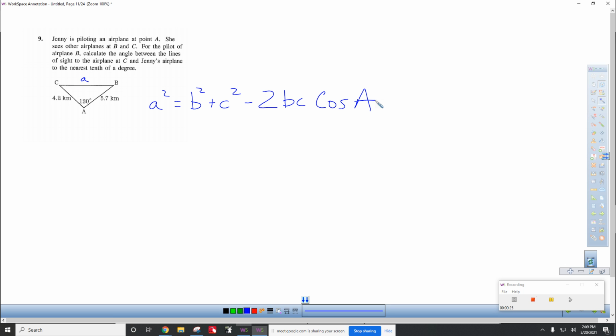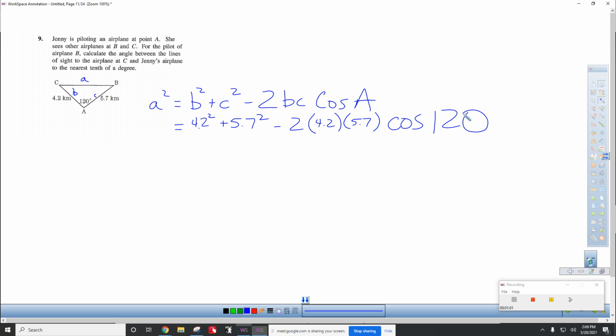So look, a squared is 4.2 squared. Remember that the side is across from the angle. So 4.2 squared plus 5.7 squared minus 2 times 4.2 times 5.7 times cosine of 120. See, that's why I picked that one.